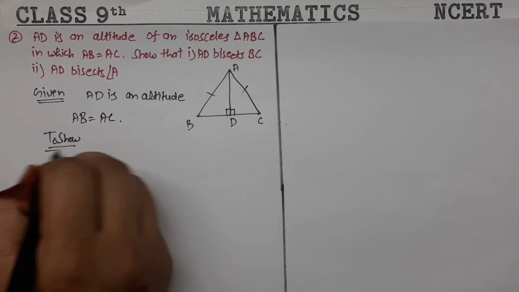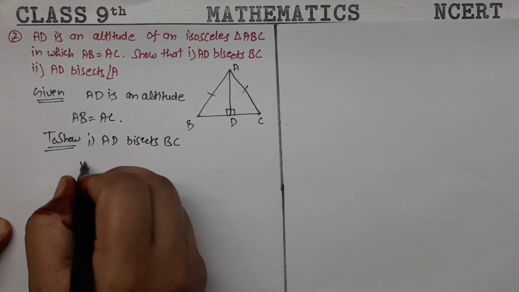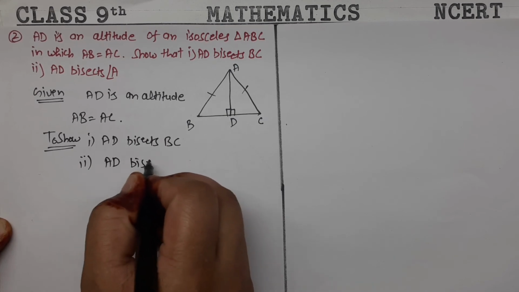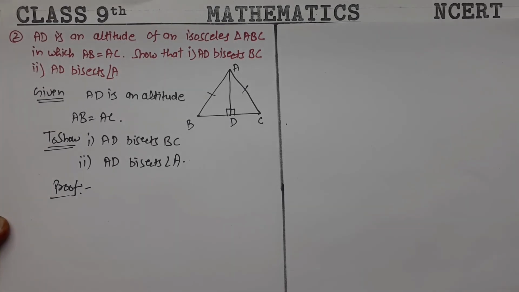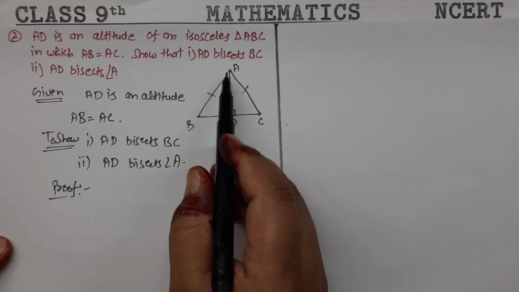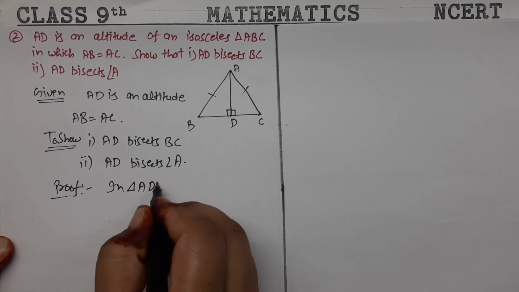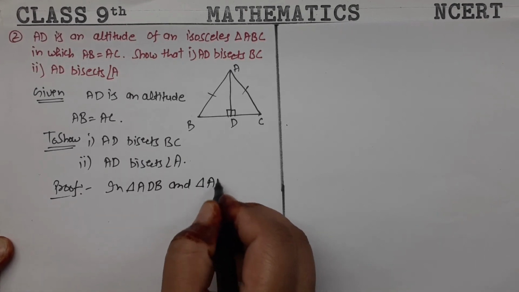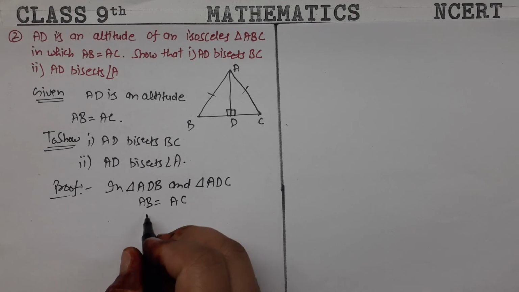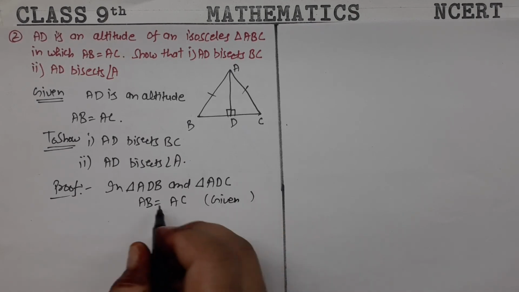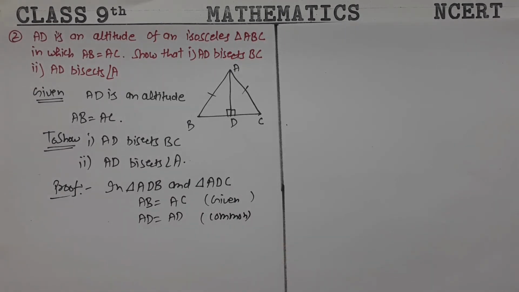To show. Proof: in triangles ADB and ADC, AB equals AC, it's a given. AD common.